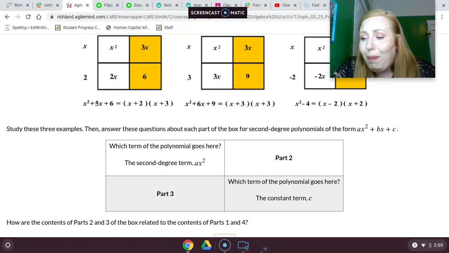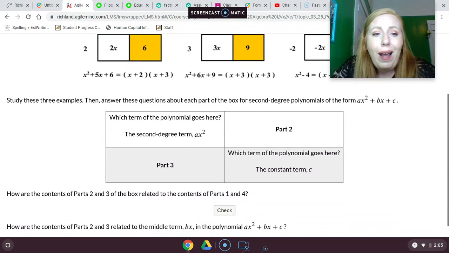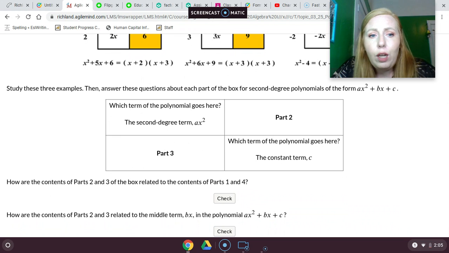So we already know what those 2 boxes are filled with. The first term would be in the top left box, and the last term is going to be in the lower right box. So how are the contents of parts 2 and 3 of the box related to the contents of part 1 and part 4?